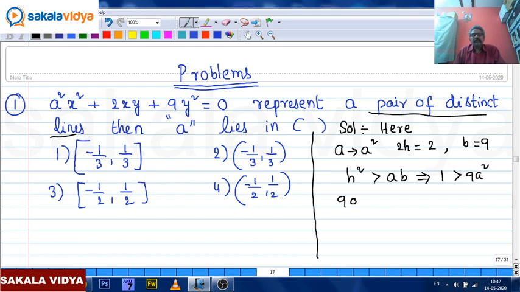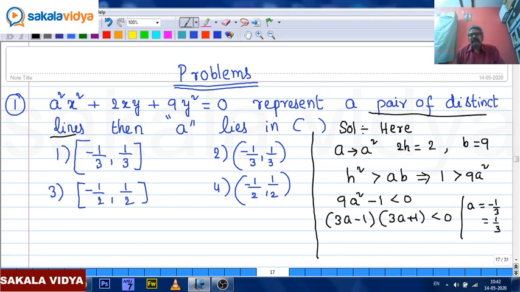So we can write 9a square minus 1 less than 0. This is 3a minus 1 into 3a plus 1 less than 0. So that means a value, if you equate to 0, you get 1 by 3 and minus 1 by 3. Less than means it does not lie between minus 1 by 3 comma 1 by 3. It is a strict inequality. So that means a belongs to open minus 1 by 3 comma 1 by 3 open. That means the second option is the right option.